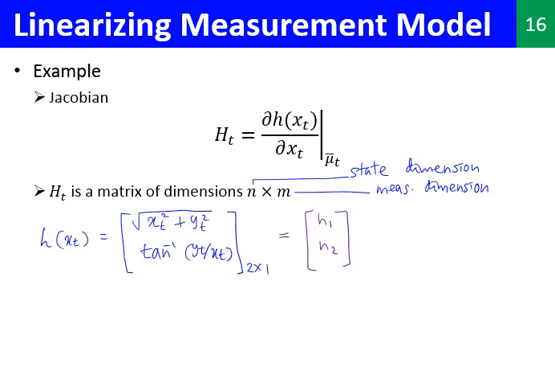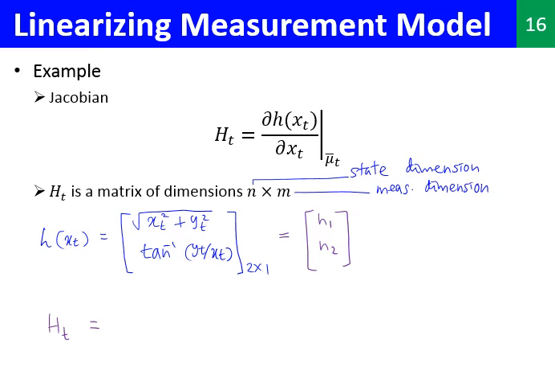So for the Jacobian Ht, we first take h1 and take the partial derivative with respect to all the elements of the state vector x.